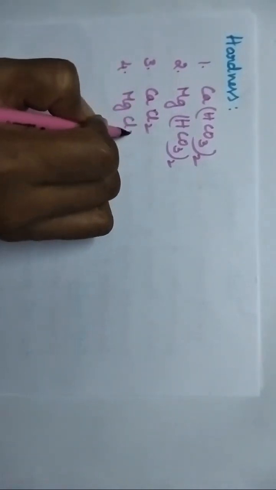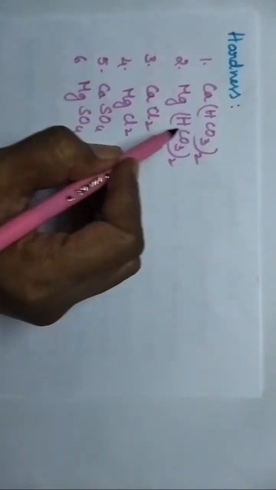Especially hardness is due to the presence of 6 important dissolved salts in water, namely calcium bicarbonate, magnesium bicarbonate, calcium chloride, magnesium chloride, calcium sulfate and magnesium sulfate.